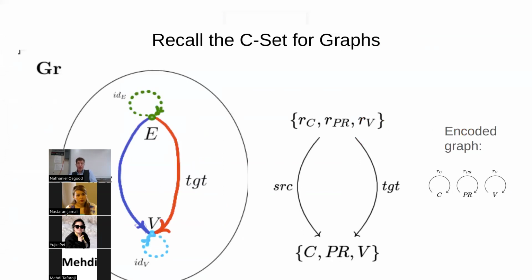But I hope you're getting the picture here that slice categories, again, the big picture, they allow annotation.